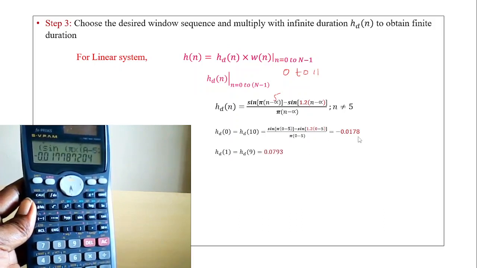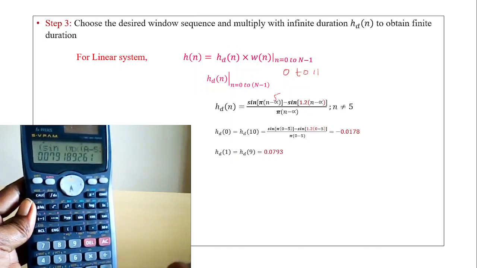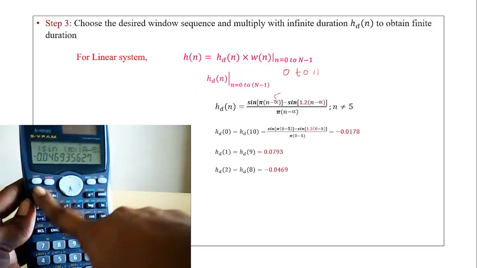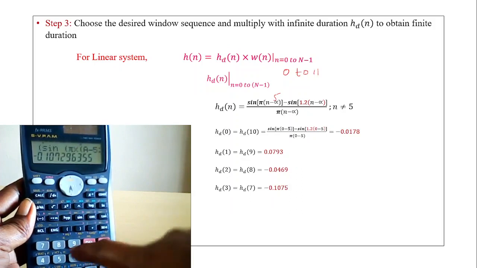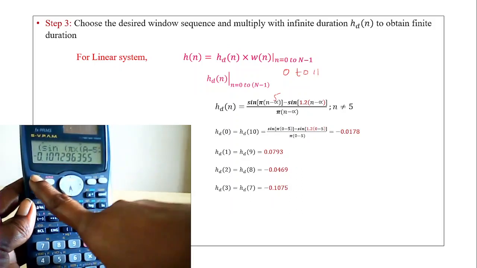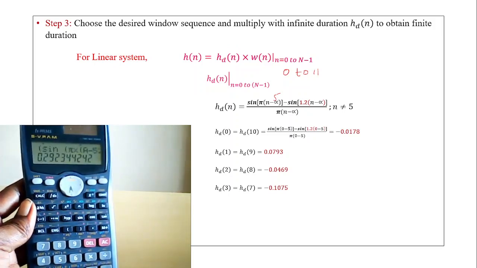The value is minus 0.177. Next calculate n as 1, the value is 0.0793. For n as 2, it is minus 0.4969. For n as 3, the value is minus 0.1073. For 4, the value is 0.2932.